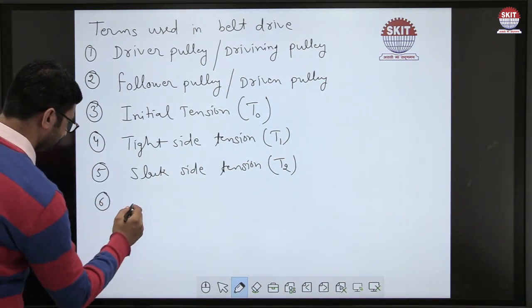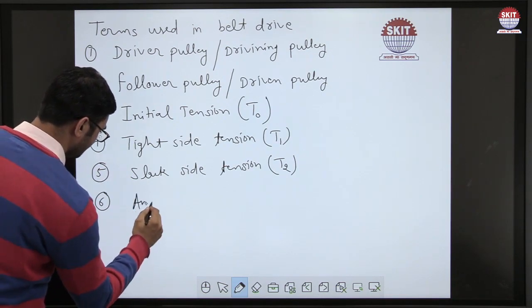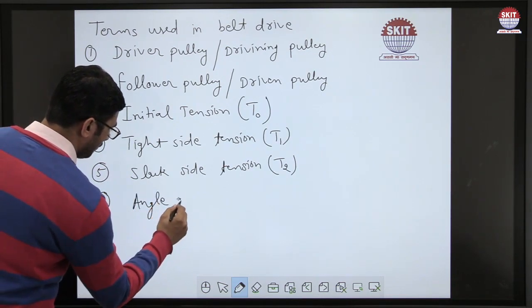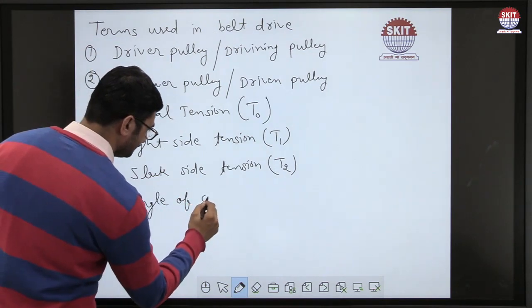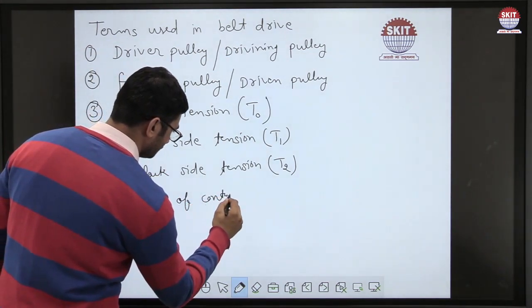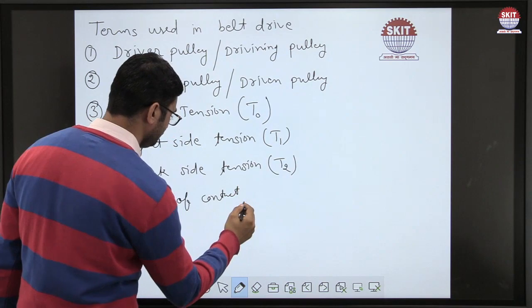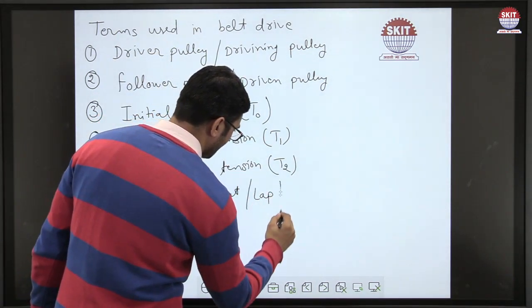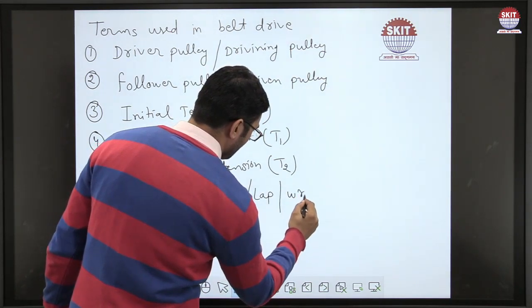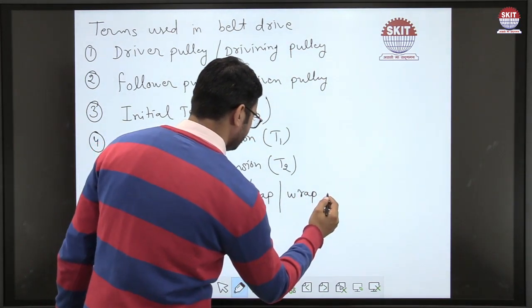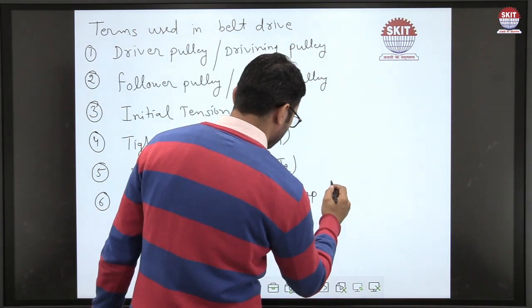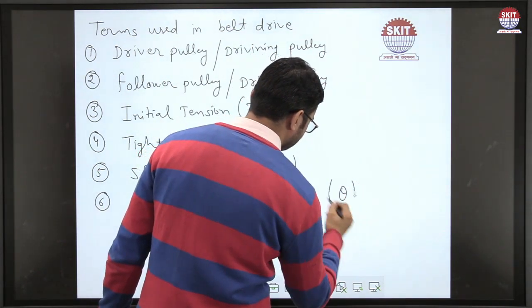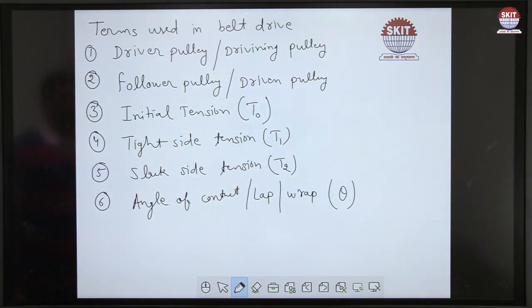Sixth, angle of contact or angle of lap or angle of wrap, which is denoted by theta. These are the important terms which are used in the belt drive.